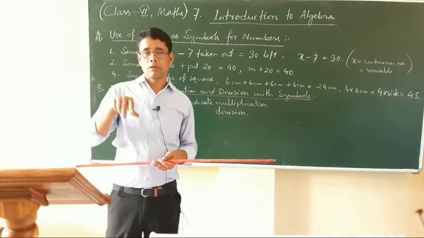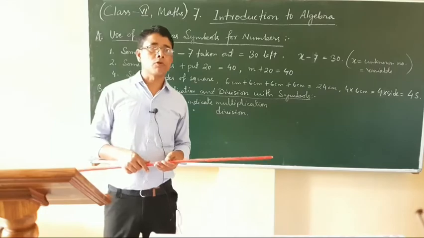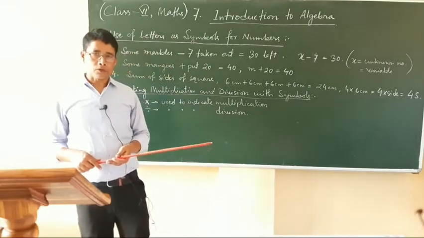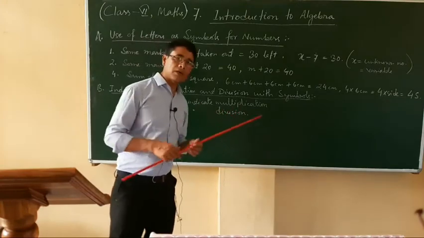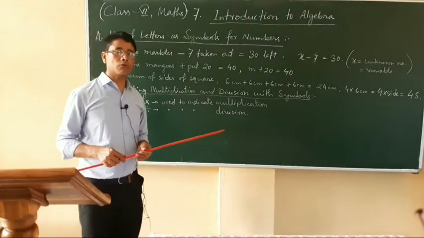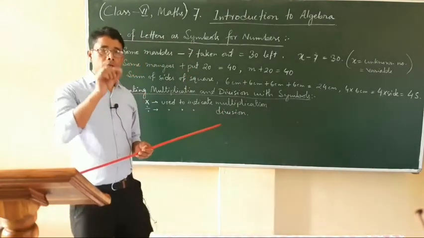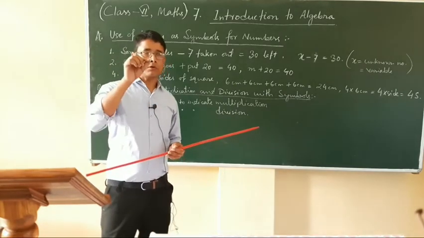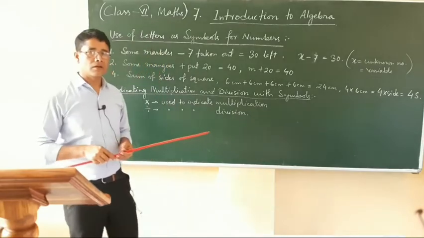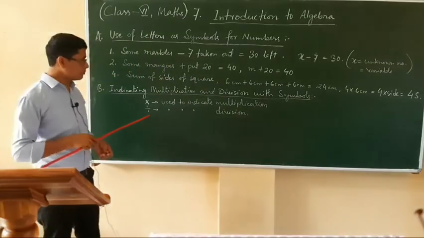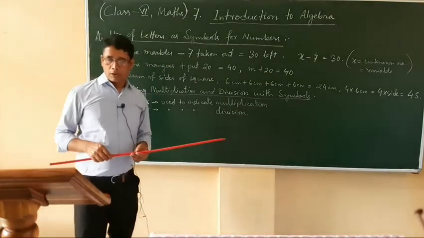That cross symbol, multiplication, which we also say "into". So "into" is used as a symbol for multiplication, and for division what we do? A line and 2 dots on the upper side and lower side of that line. So that is the symbol for division.